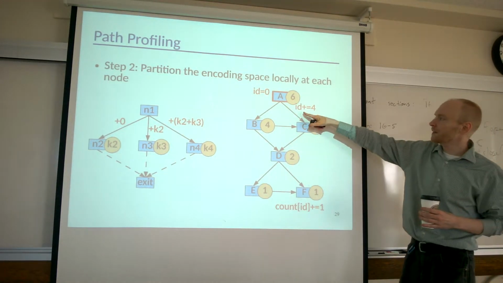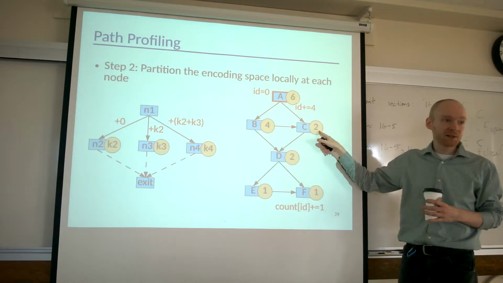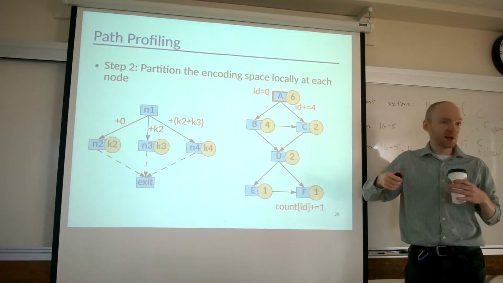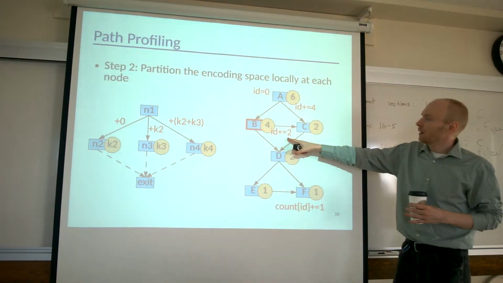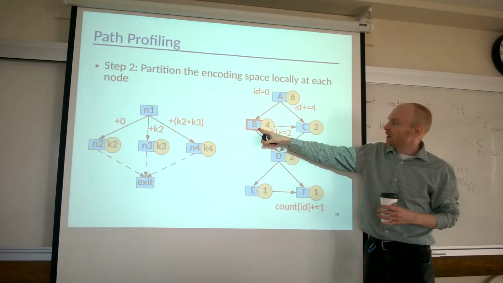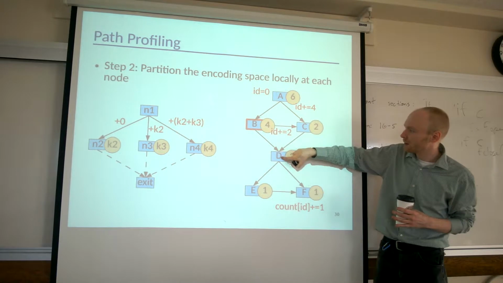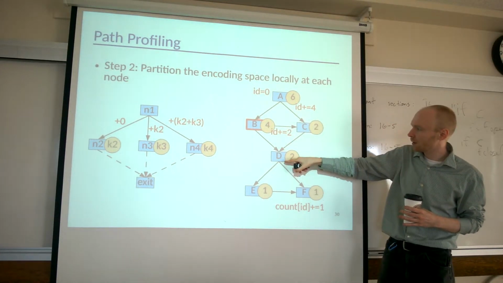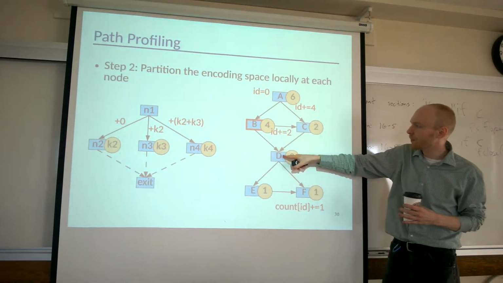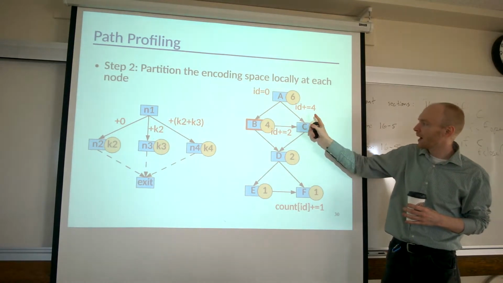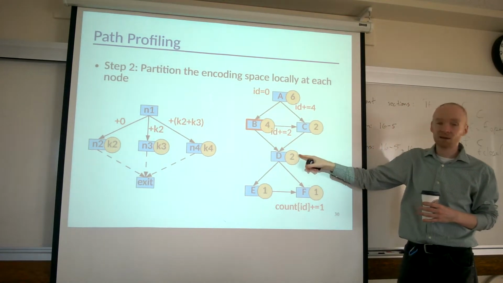Okay, so along this edge we add 4, because that's how we need to partition the encoding space here. When we come down to B, we look here. There are 2 paths along this route, ABD, and there are 2 paths, ABC, right?